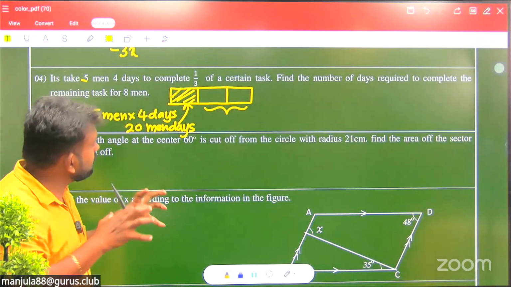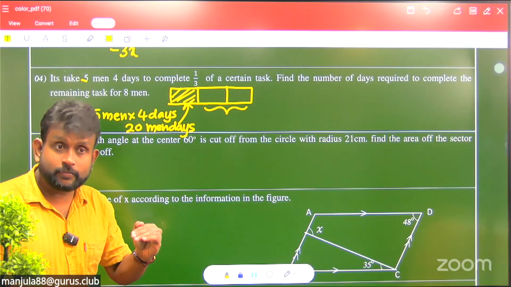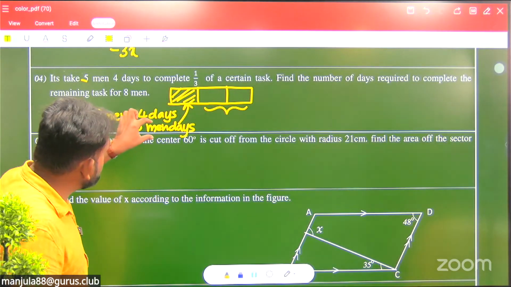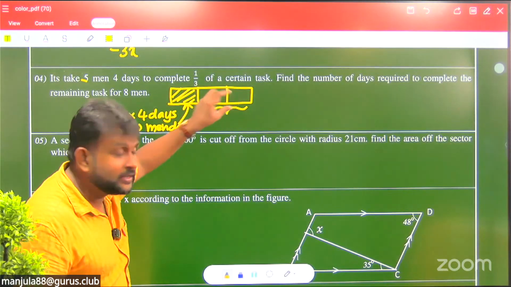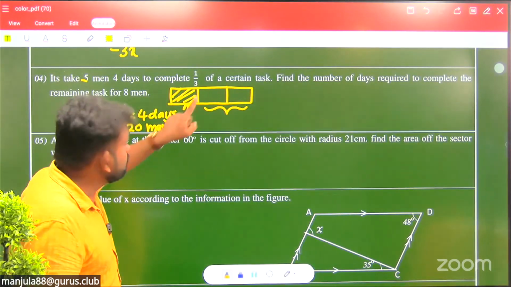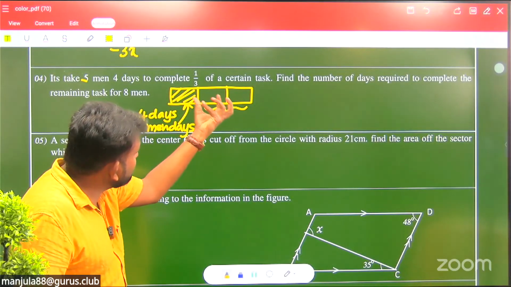Now you can find the remaining task in man days. Here 20 man days, here also 20, here also 20. Why? One third part is 20, so the other part consists of two such parts.